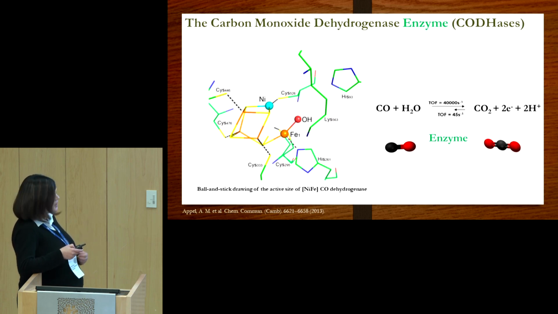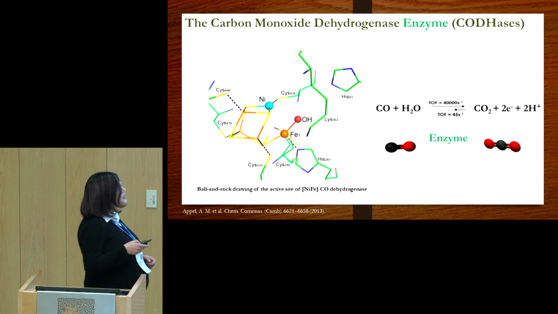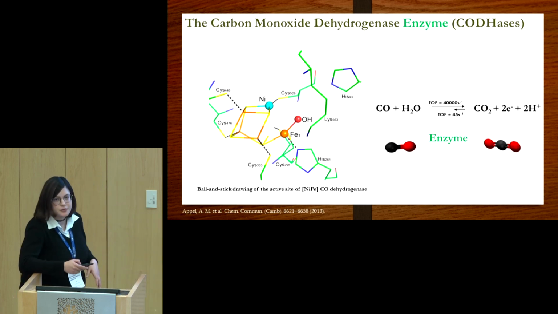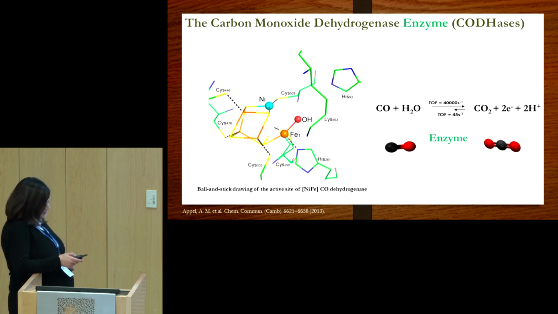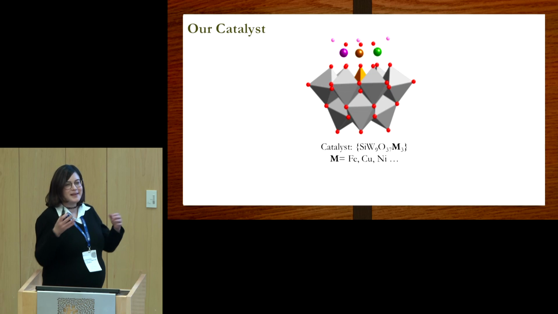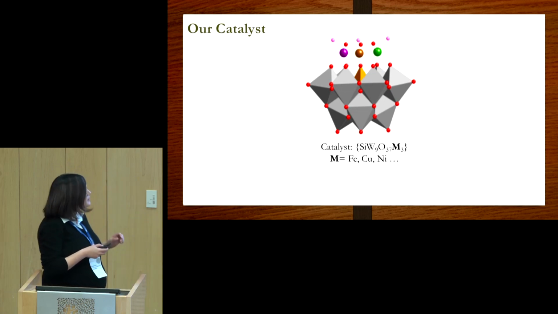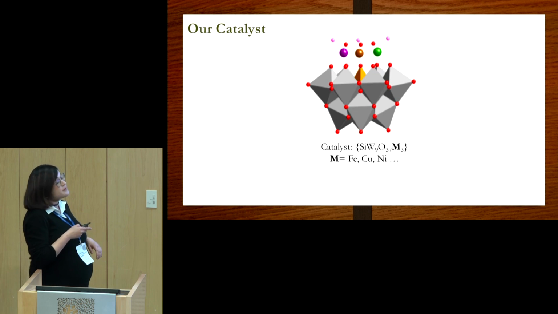And at the same time, it can also do the reverse process from CO2 to CO, and this is an uncommon process for it. What we want to do is take this uncommon process of nature and make it happen in our lab.